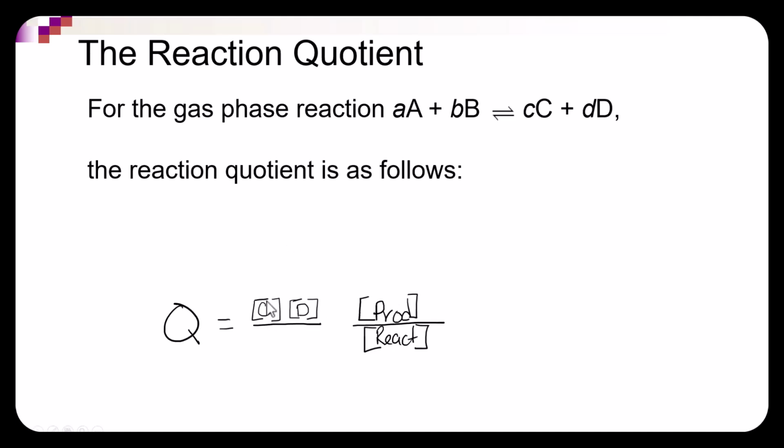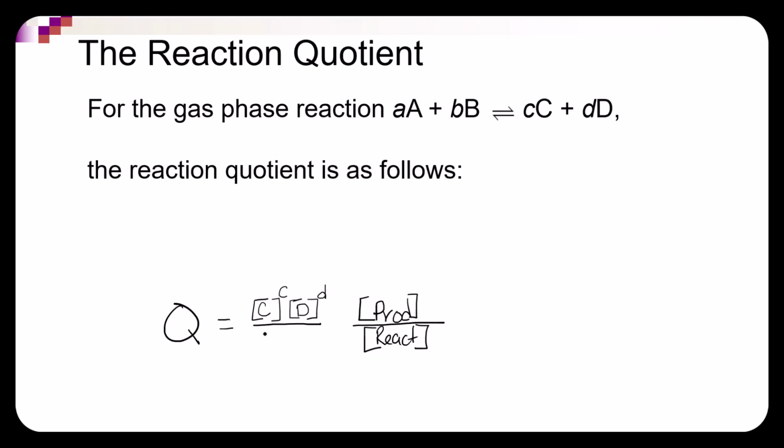We're going to take C times D. Now we have to acknowledge how much of C and D are being made. So we have to acknowledge those coefficients. The way that we're going to acknowledge coefficients is they're going to be exponents above these brackets. So if there was a coefficient of 2 on the C, we would put it squared up there. So we're going to denote coefficients as exponents.